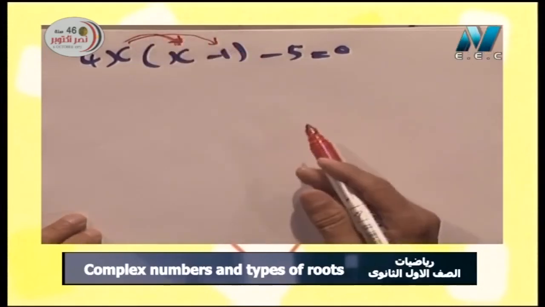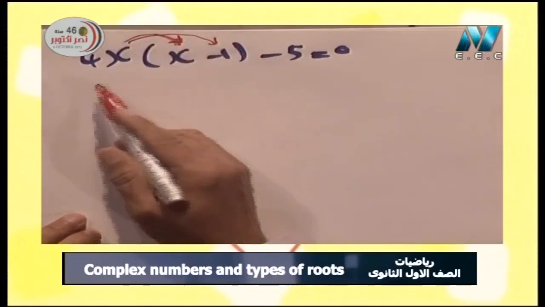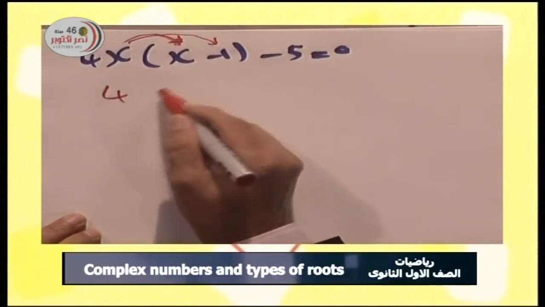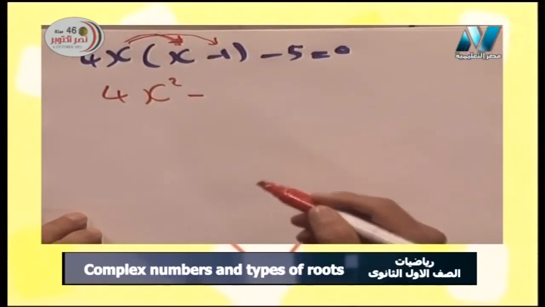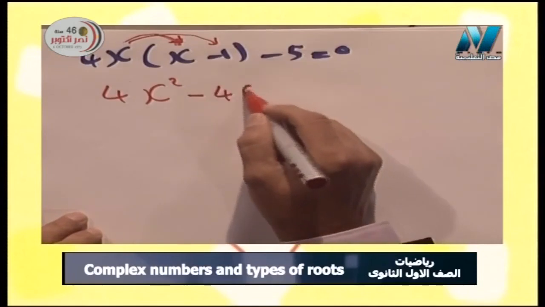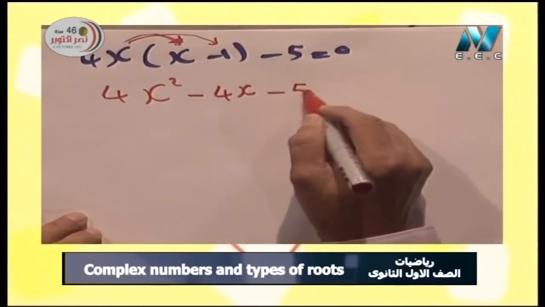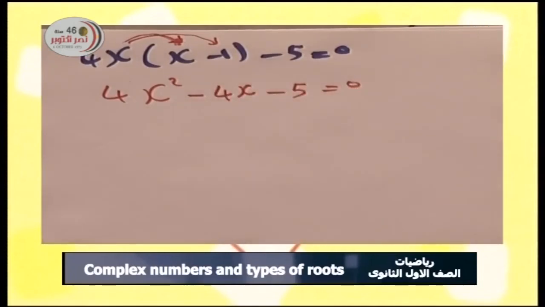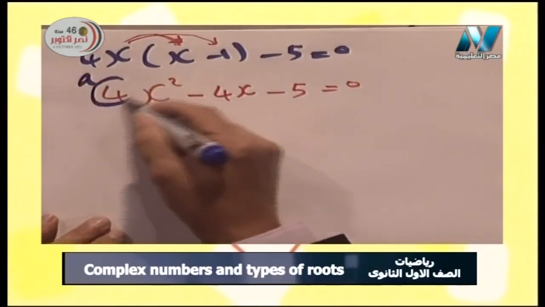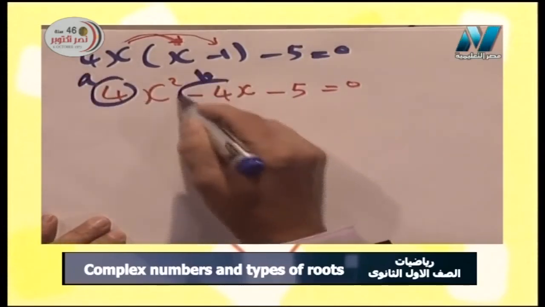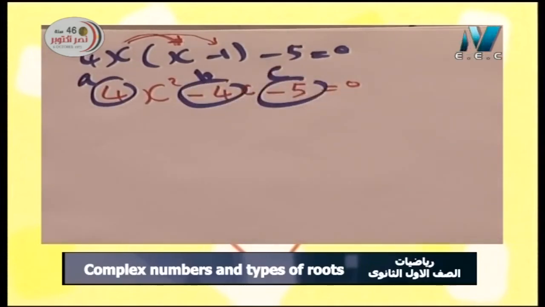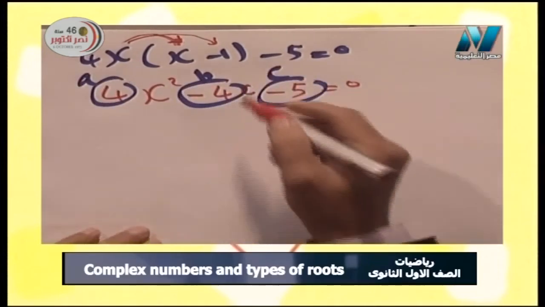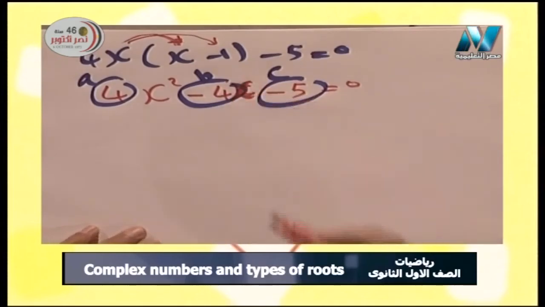Let's simplify: 4x times x equals 4x², and 4x times negative 1 equals negative 4x, and we have negative 5 equals 0. So we easily find that a equals 4, b equals negative 4, and c is negative 5. Yes, there is an x here, don't forget.